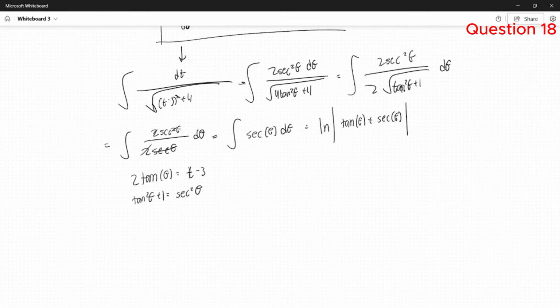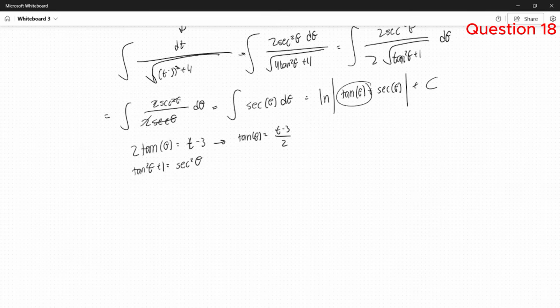Solving for tan theta and plugging it back into this integral here, plus a constant of integration out front. Solving for tan theta is very simple. Tan theta just becomes t minus 3 over 2. That is our tan theta component. Secant theta is a little bit different though, but it's not much harder. Secant theta is equal to the square root of tan squared theta plus 1. We already know what tan squared theta is.